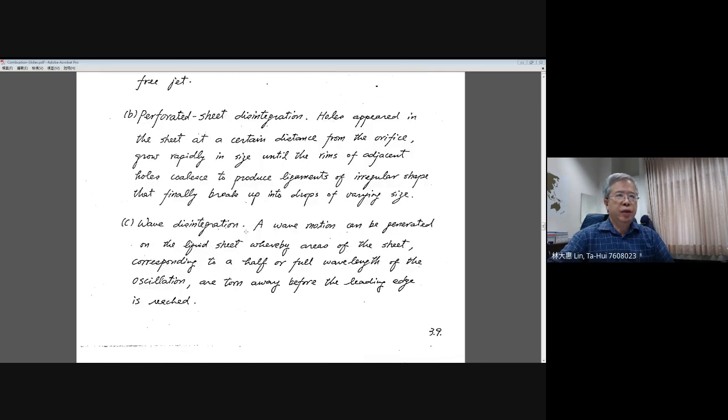I use photo pictures to give you the understanding. The first category is the so-called ring disintegration. Ring disintegration basically tells you the whole spray sheet is a spray surface, and the force created by surface tension will cause some ligaments to occur on the edge of the liquid sheet.